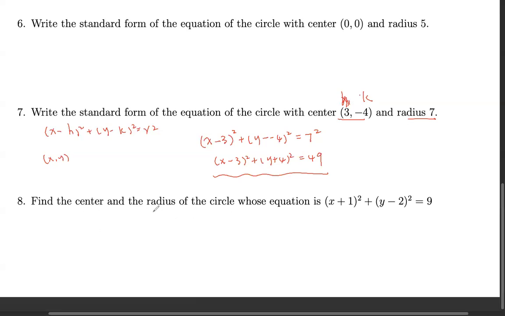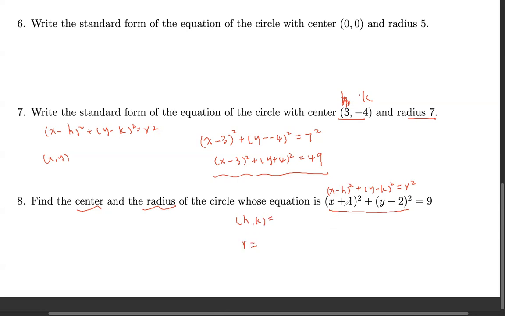So this one, number 8, we want to find the center and the radius of the circle. And the given equation is this. Remember, we have x minus h squared plus y minus k squared equals r squared. So we need to identify h comma k, which is the center, and the radius r.